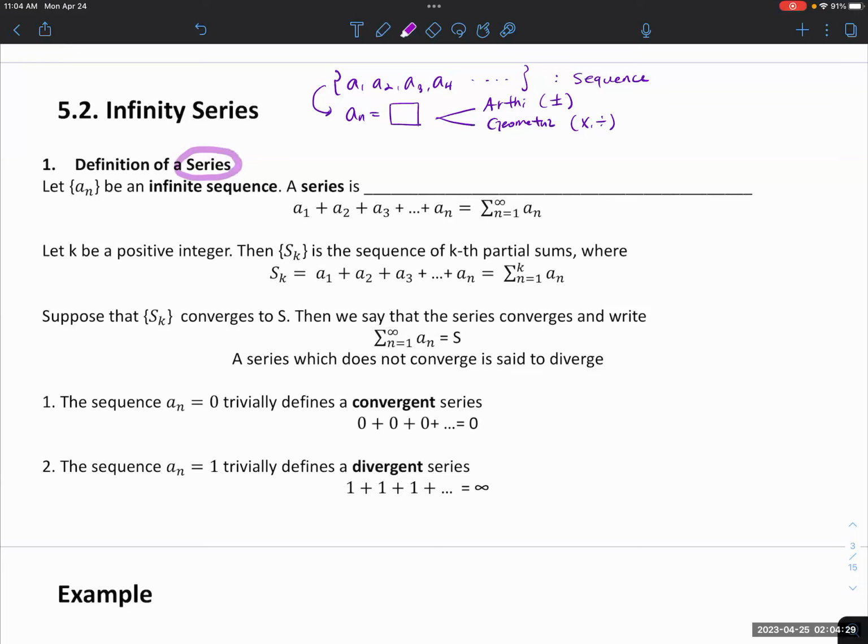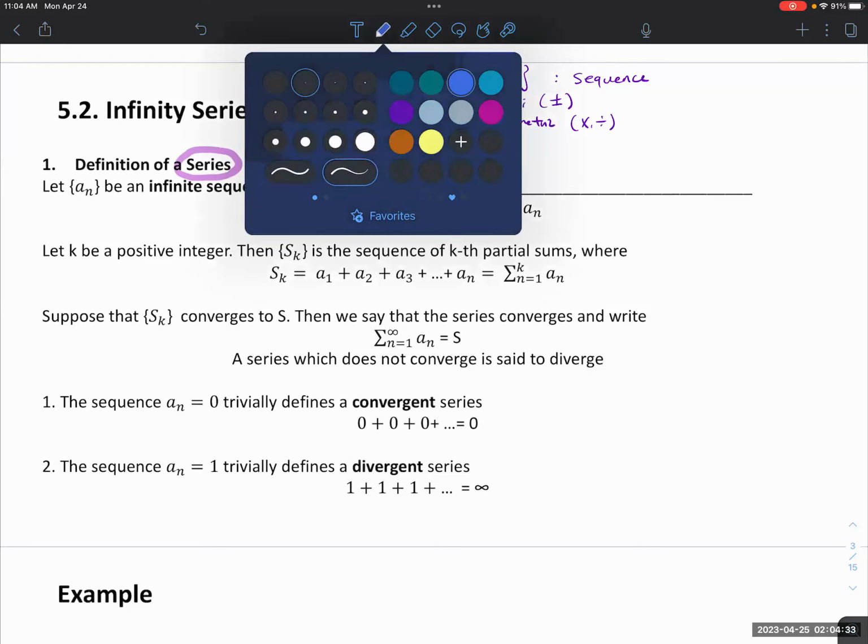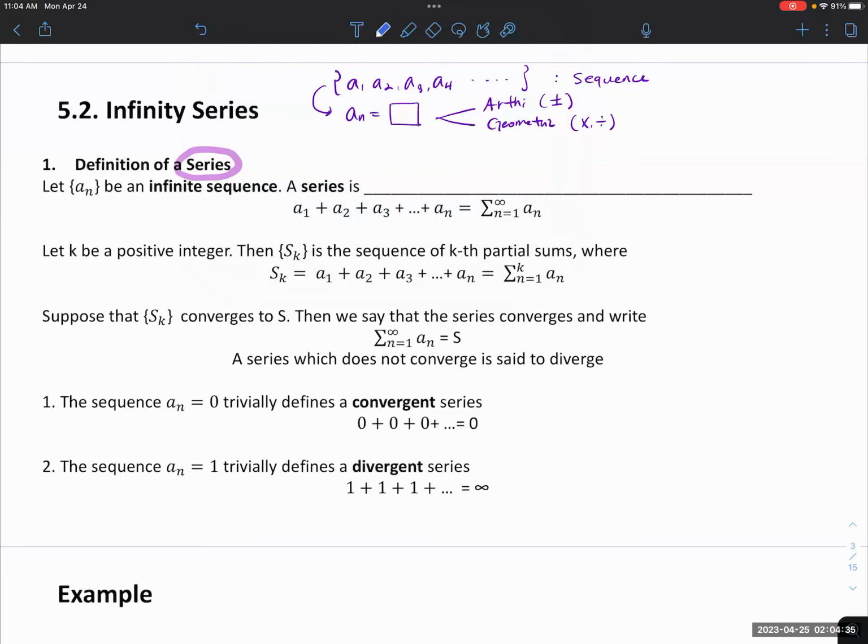So a series is not equal to a sequence. I'm going to keep using the list of numbers. Watch me. If I have a1, a2, I am going to add all the given numbers, and then we can condense it.